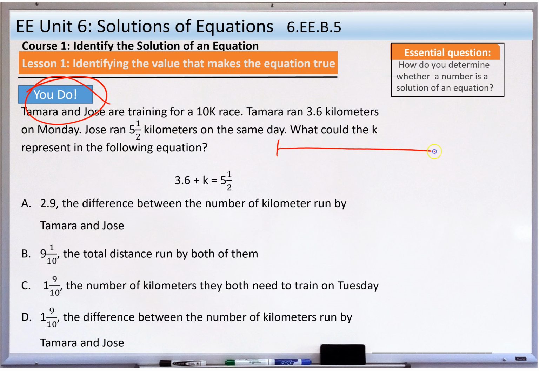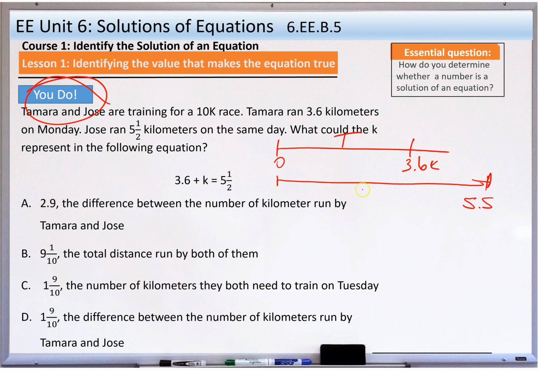So I'm going to write a little thing here. 0 kilometers, 3 6/10 K. That's Tamara. And Jose ran further. He ran, I like decimals, 5.5 kilometers.